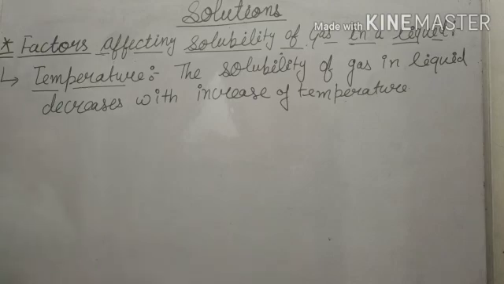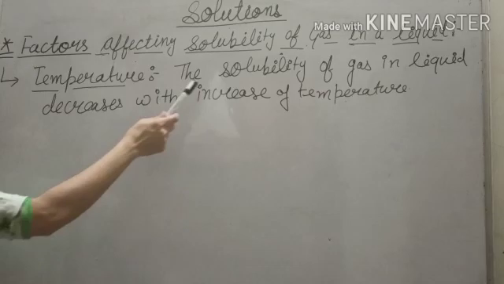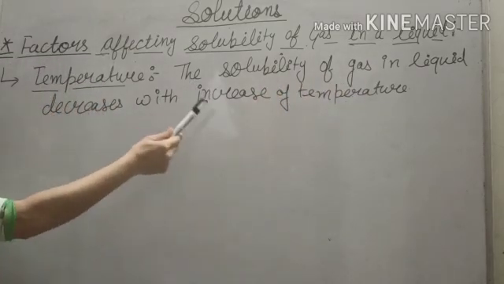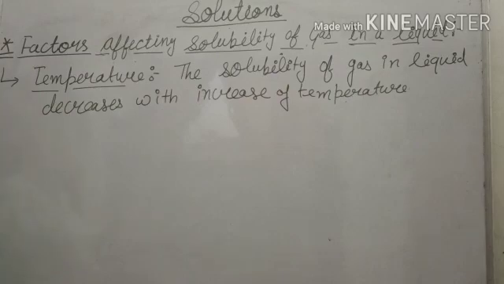Well students, the next factor that affects the solubility of gas in a liquid is temperature. How does temperature affect the solubility of gas in liquid? The solubility of gas in liquid decreases with increase of temperature.